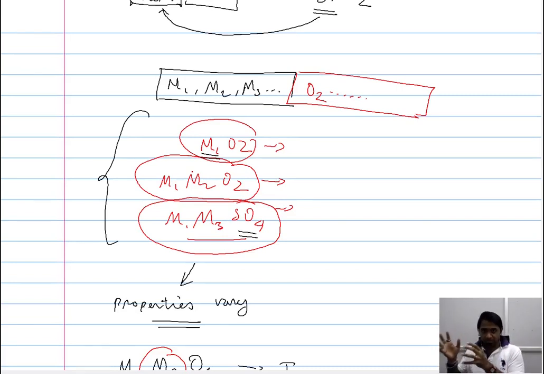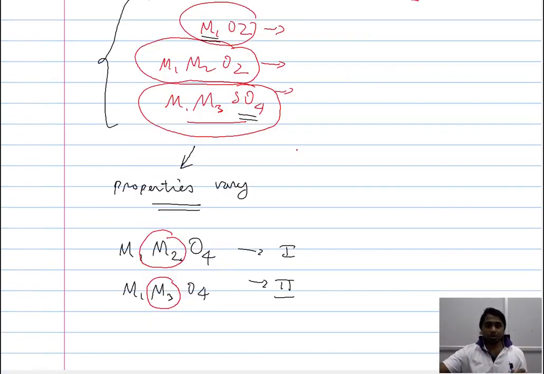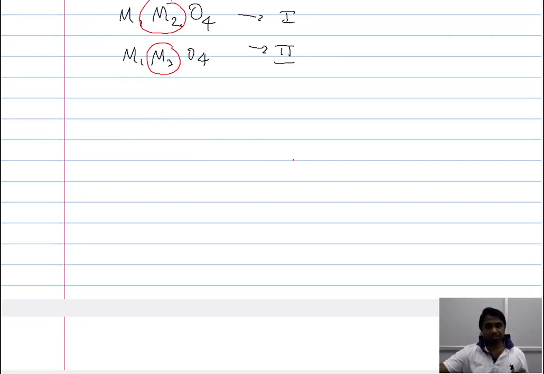The other mineral might have similar formulae, but it has its own characteristic metal ions and non-metal ions. So every mineral has a well-defined composition, but if you compare one with the other, they are not fixed.